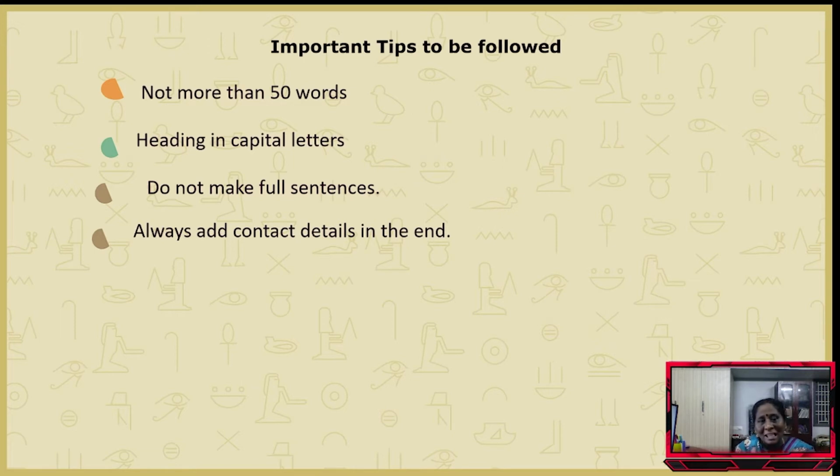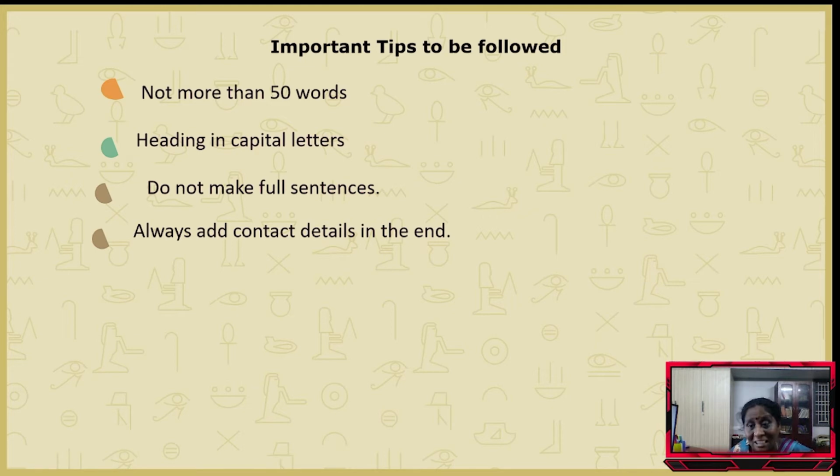So the important points which you have to follow: it should not be more than 50 words. The maximum should be 50 or less than 50. Heading in capital letters. Do not make a complete or full sentence. It can be in phrases. Always add contact details in the end.